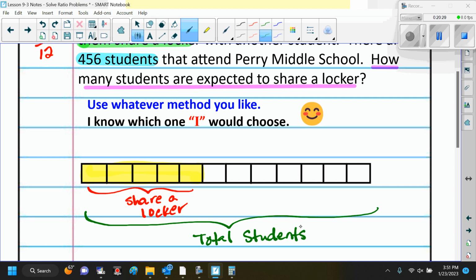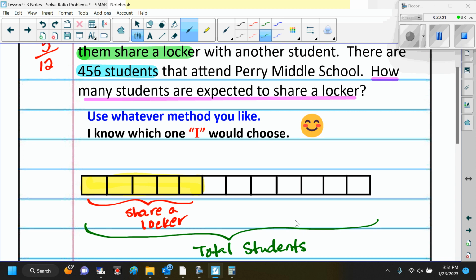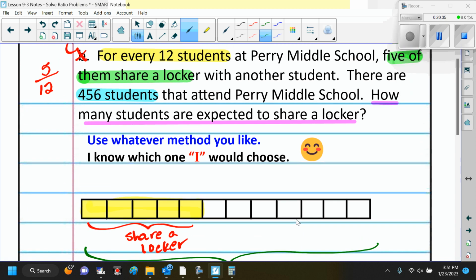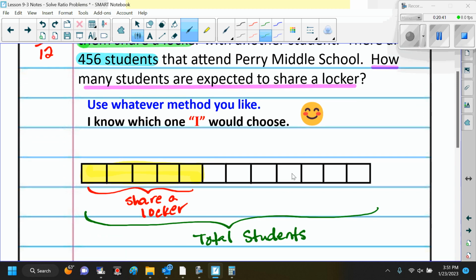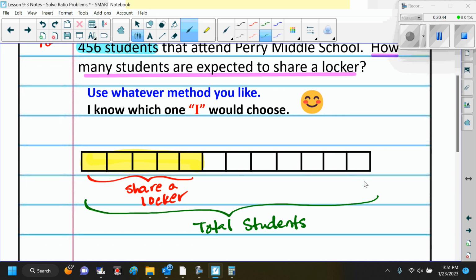All right, so let's go back up and see what other important information we have. We've got 5 share a locker out of 12. We have 456 total students. So out of the total students, there's 456, we need to figure out how many go in each one of those boxes.